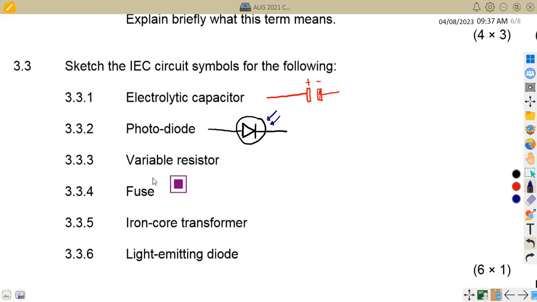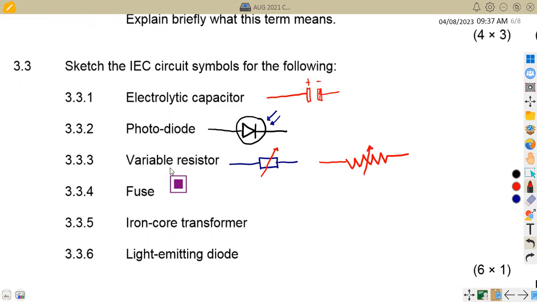So that's a photodiode, okay? A variable resistor, it's just like a normal resistor, but this time we are going to have this arrow to indicate a variable resistor. Remember, a resistor can also be shown in this way, like this.